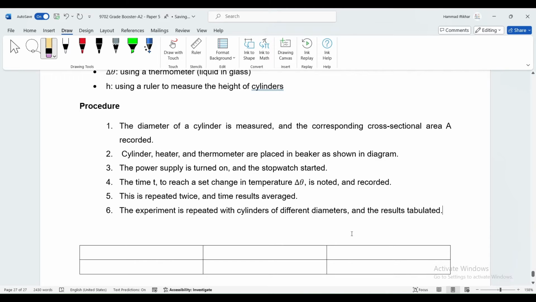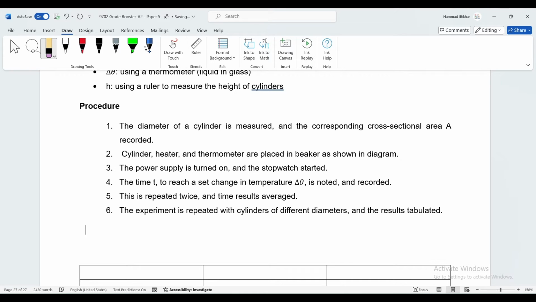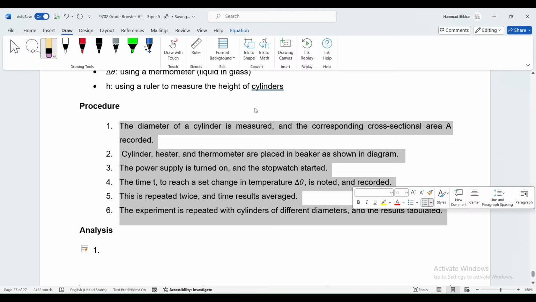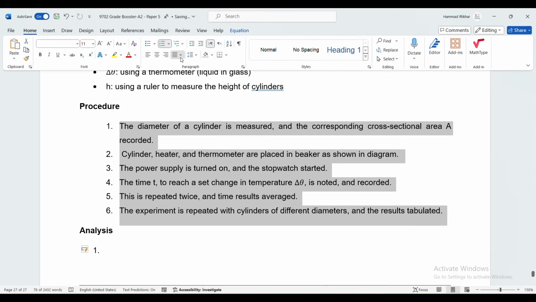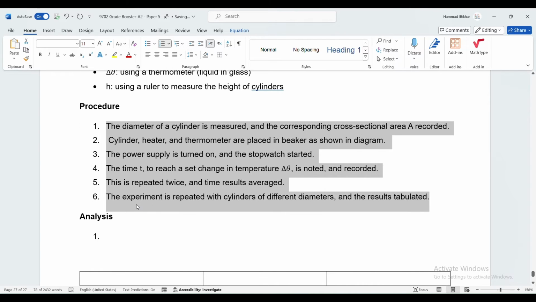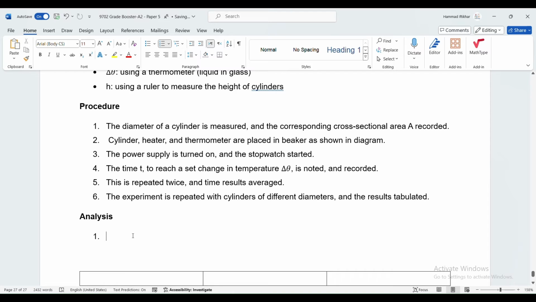Okay, all right. Now comes the analysis.